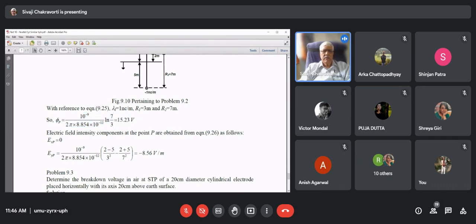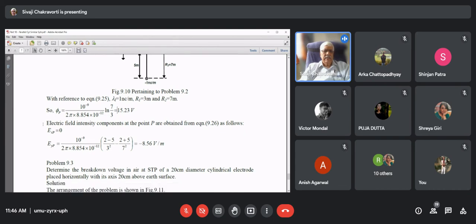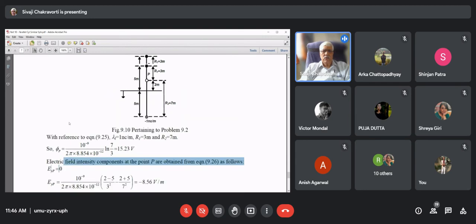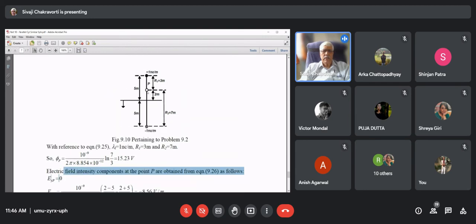So potential is 15.23 volts. And then electric field intensity, if you write the expression for Ex by taking the derivative of phi p in terms of x coordinate, it will come out to be 0, which is quite obvious because this point P is along the line joining the two charges. So the x component, which is the horizontal component, has to be 0. This is quite obvious.